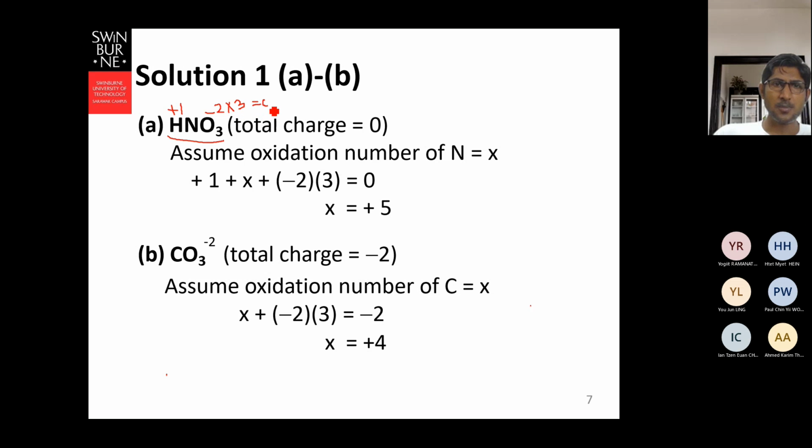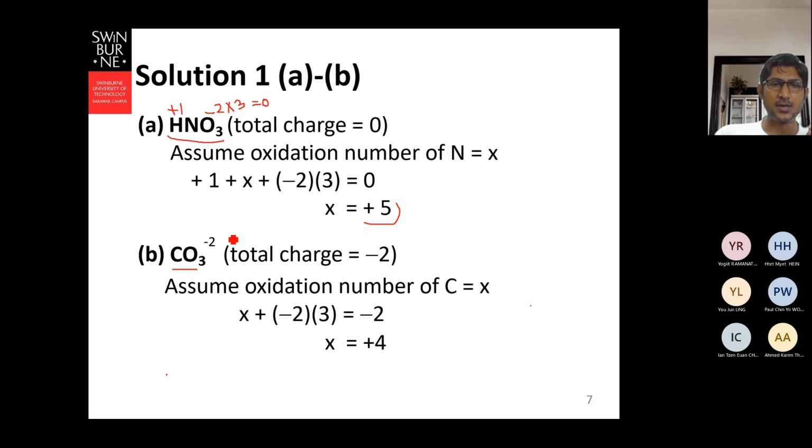Of course, N has to be positive in this case, otherwise it doesn't equal 0. So X is +5, and that is how the total charge becomes 0.